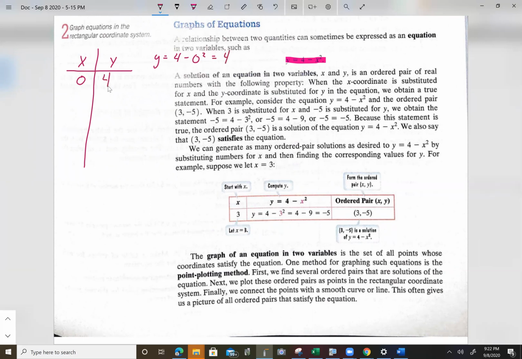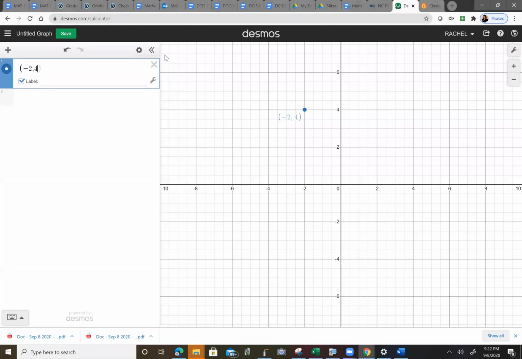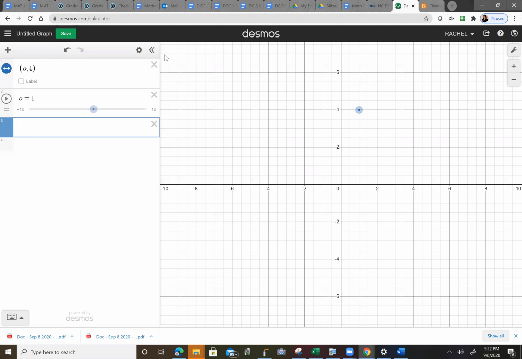So if my input is 0, my output is 4, and I can now graph (0, 4) on the coordinate plane, right? So let's go back to my Desmos, make this first point, (0, 4). And that would be the first point of my equation.